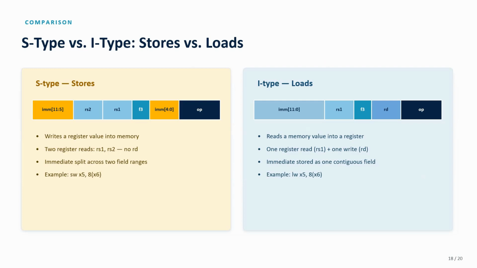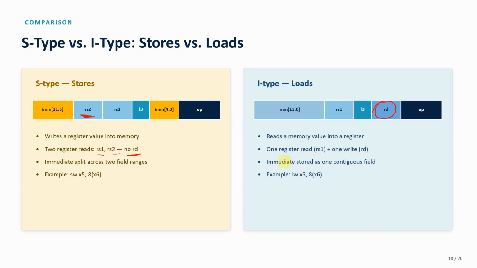Now, let us compare our S-type instruction and I-type instruction. In the case of my S-type instruction, I'm going to store the data present inside my register RS2 into my memory. But in the case of my I-type instruction, I'm going to store the result into my destination register. And here we are going to have two register reads, RS1 and RS2. There is no RD.